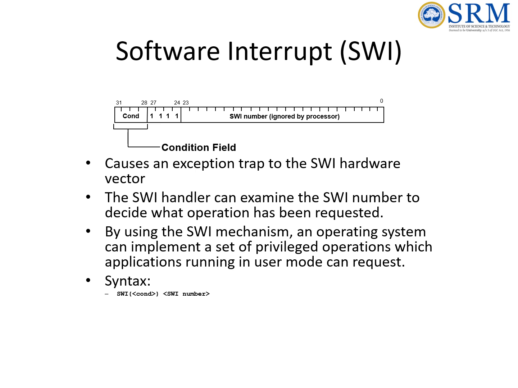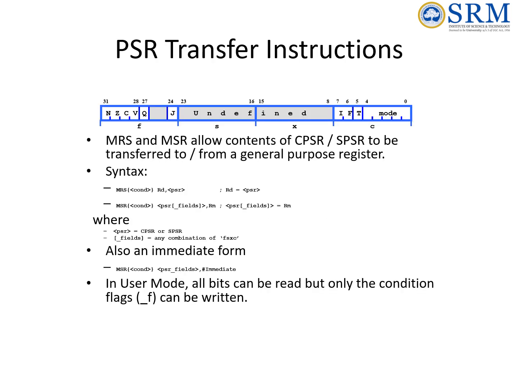The SWI handler can examine the SWI number to decide what operation has to be performed. So PSR transfer instructions are again 32-bit. MRS and MSR allow the contents of CPSR and SPSR to be transferred to and from a general purpose register.